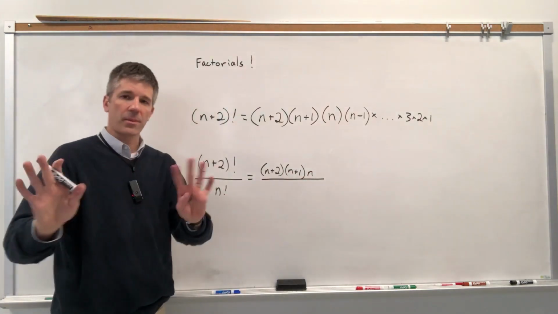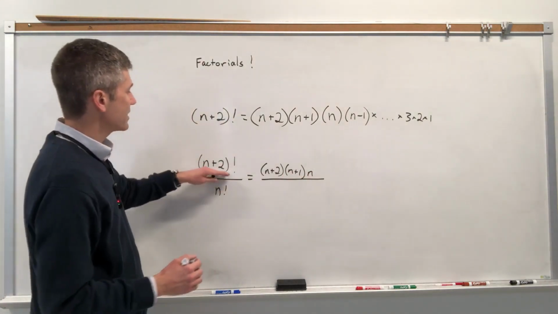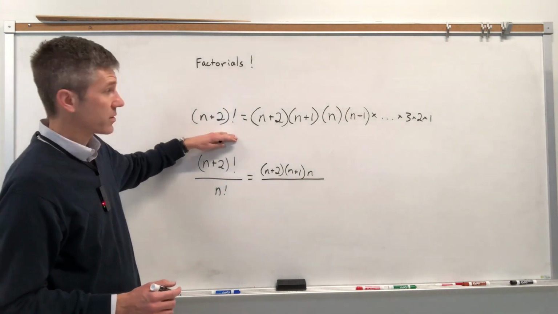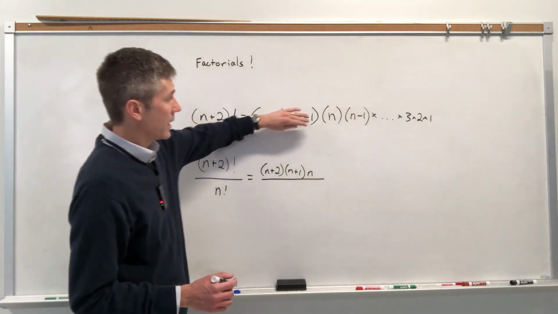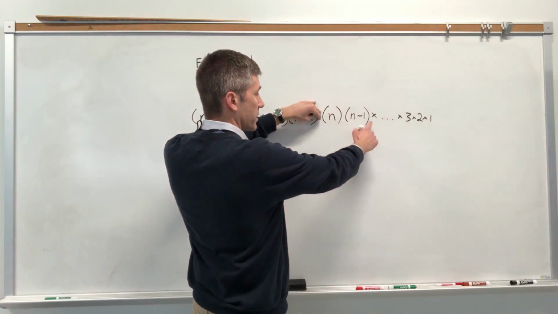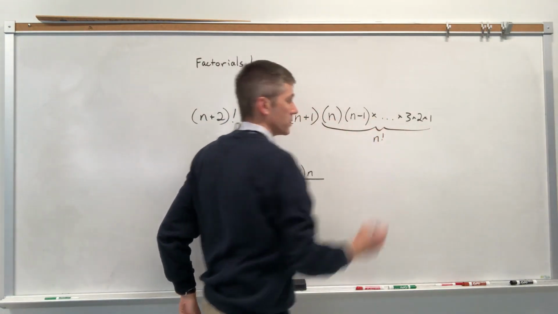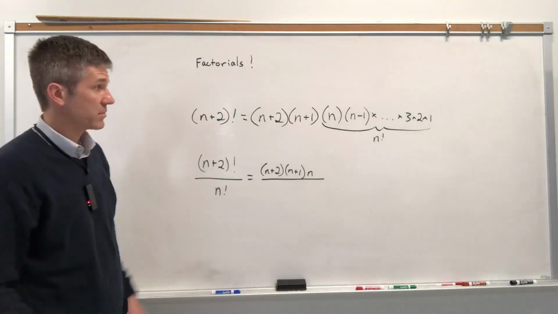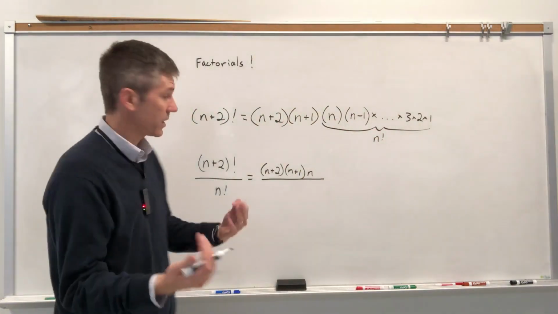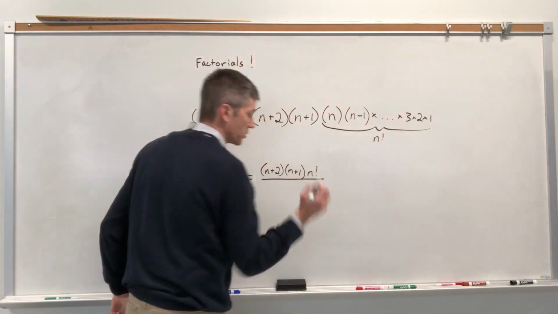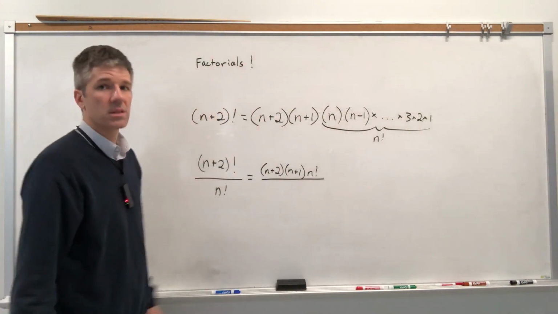Okay, stop. Stop right there. We just did this exact same thing right here on the previous problem. And n times n minus 1 times n minus 2 times all this stuff right here, that is n factorial. It's all there. Everything from n all the way to 1 multiplied together, it's all there. So don't list anymore. Stop, please.